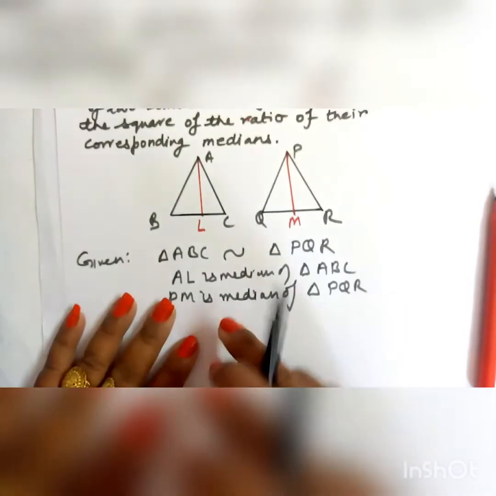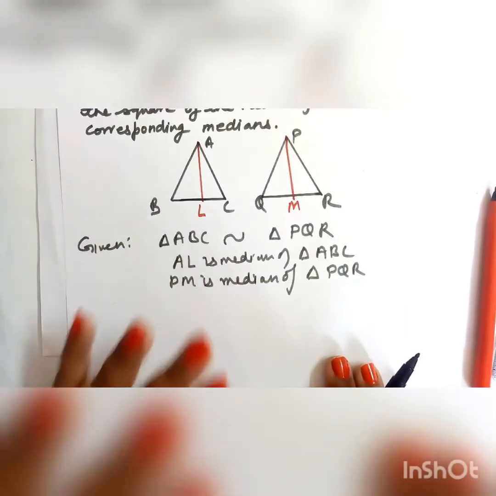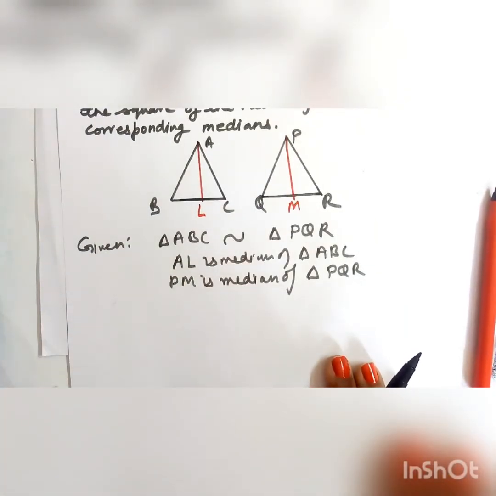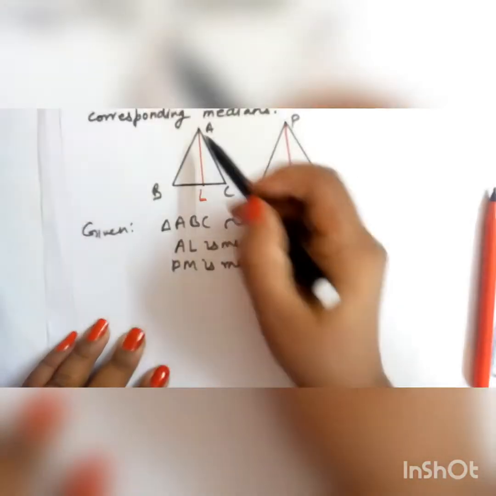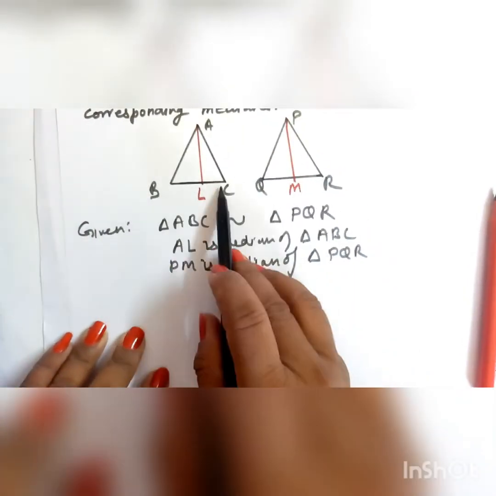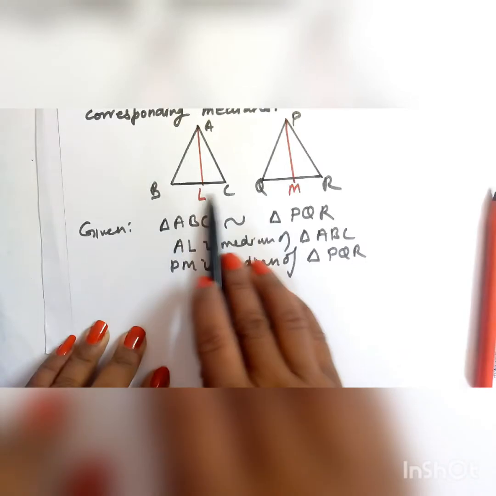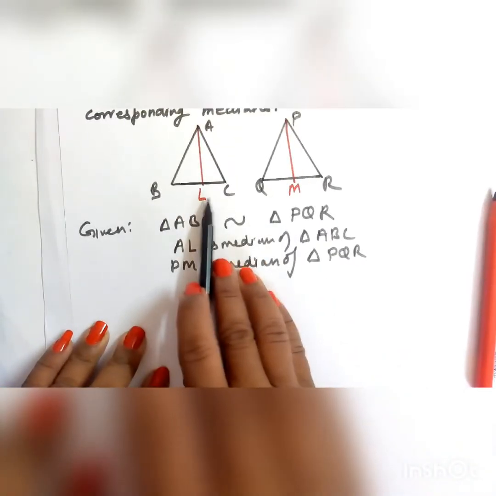What is the property of the median? A median always bisects the base. If AL is the median of triangle ABC, it is bisecting the base BC, which means BL is equal to LC.